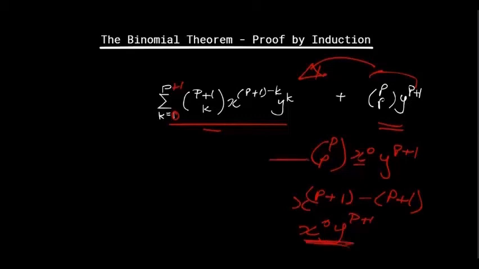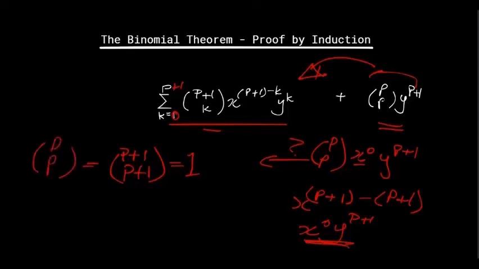Now, what goes on with this? Well, something very similar, because when we've got p plus 1 choose k, that's going to end up being the final coefficient. P plus 1 choose k goes to p plus 1 choose p plus 1. But what does that equal? Anything choose itself is going to be 1, which is the same as p choose p.